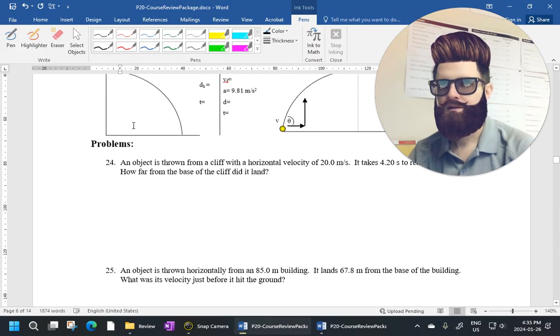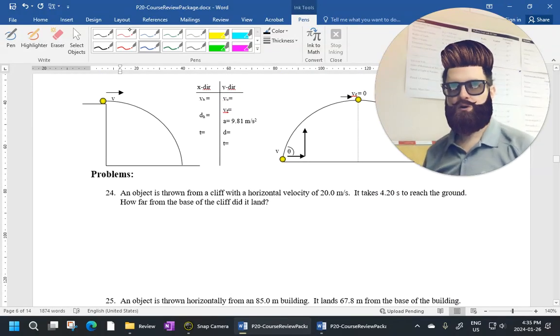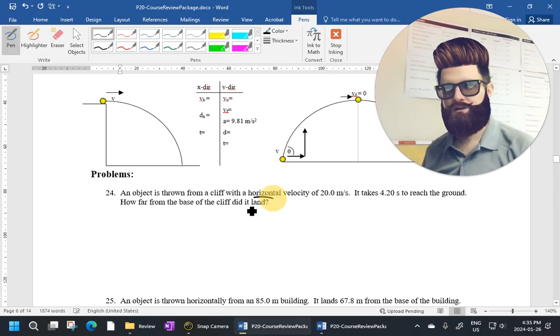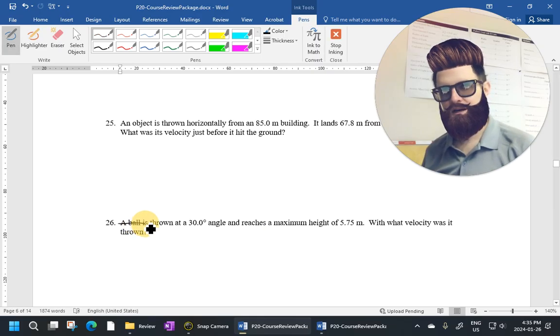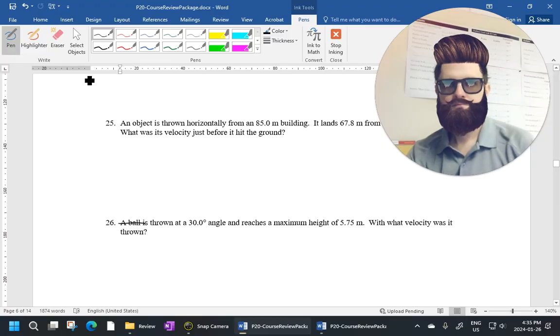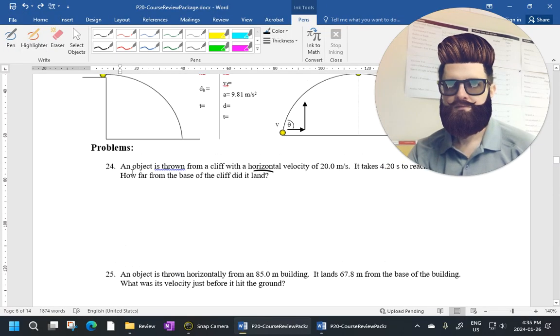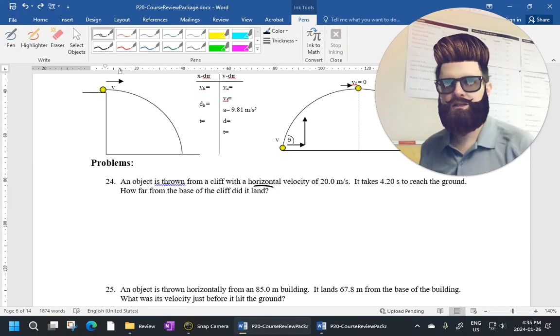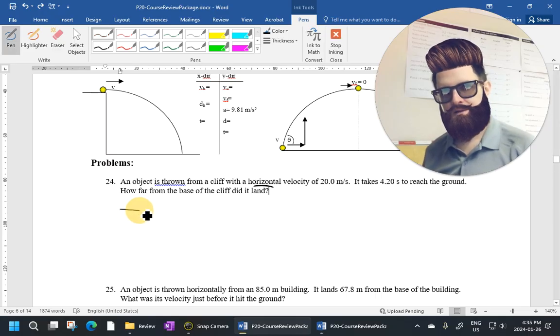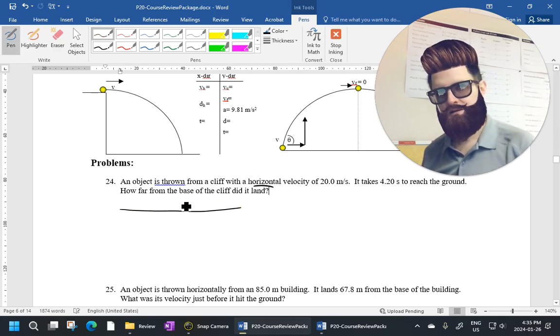That's for you. Okay. So there's an object here thrown horizontally off a cliff. Now the key word is horizontal. So that means in my T-chart here, because it's thrown horizontally, let's make the T-chart a little bit larger.